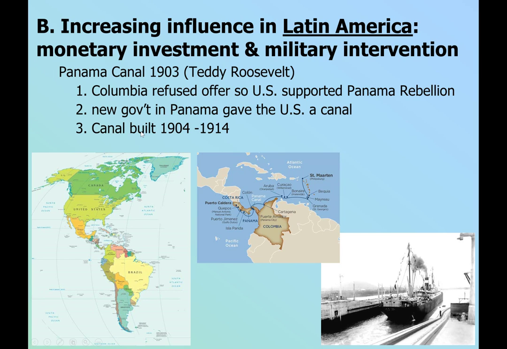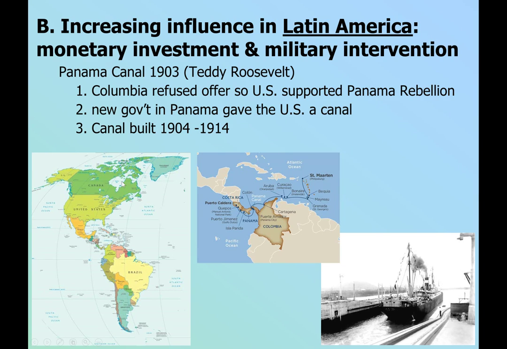The canal is going to be built between 1904 and 1914. It takes 10 years to build this thing. And the United States no longer possesses control of the canal. It's been returned to Panama since Carter's term in the 70s. Okay, but this is a crazy thing that gets established. And by 1914, that means it's just in time for World War I, right?